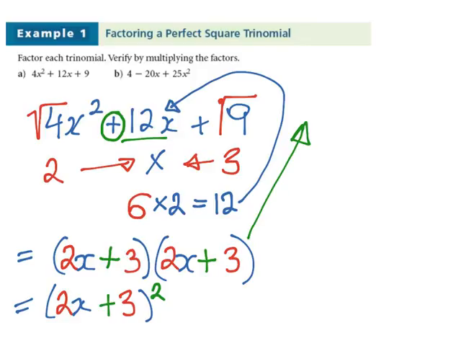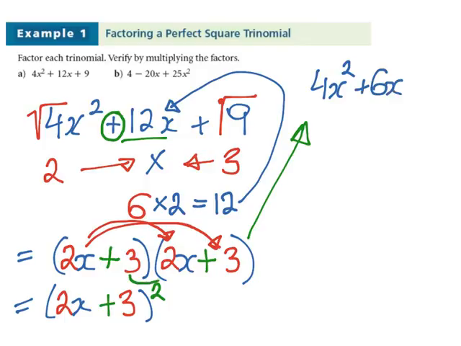So let's see. 2x times 2x, I'm going to expand it, is 4x squared. Then we're going to multiply the first term by the last term. 2x times 3 is 6x. Then we're going to multiply 3 by 2x, which is, again, 6x. And last, but not least, 3 times 3 is 9.